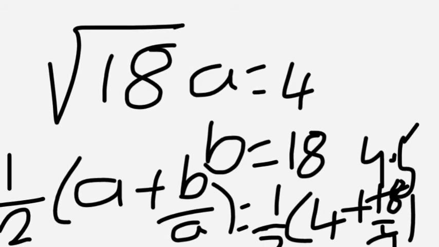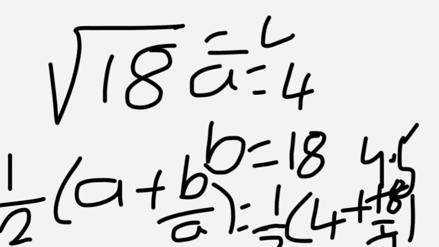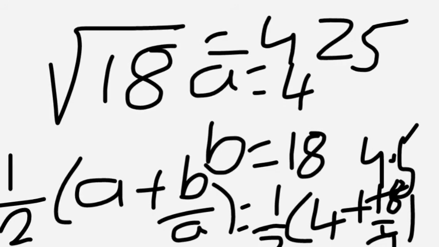So 4 plus 4.5 is 8.5, and 8.5 by 2 is 4.25. So the square root of 18 is 4.25.